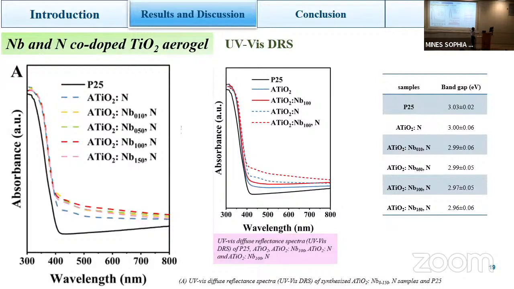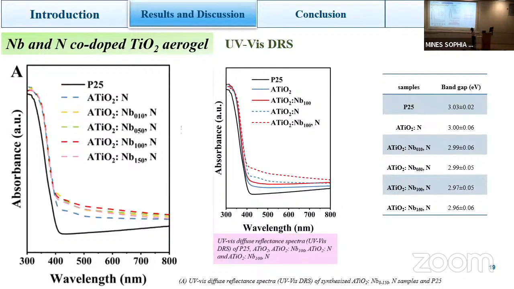It's not enough for a new CB, it's just a new energy level. And the same for nitrogen. Maybe because the nitrogen doping amount is quite low, it's not going to generate a new VB, but just a new energy level. That's why the band gap didn't show a decrease directly, but from light absorption, the spectrum shows more light absorption.